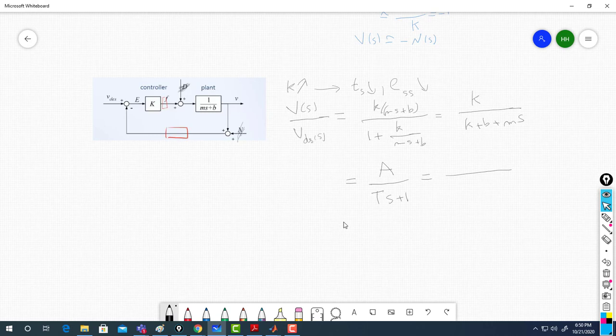Then A equals K over K plus B. Agree? Yeah, I agree. If you take K plus B common, you get M over K plus B, plus 1. So that's A and that's T. Good, so this is your V over V desired.